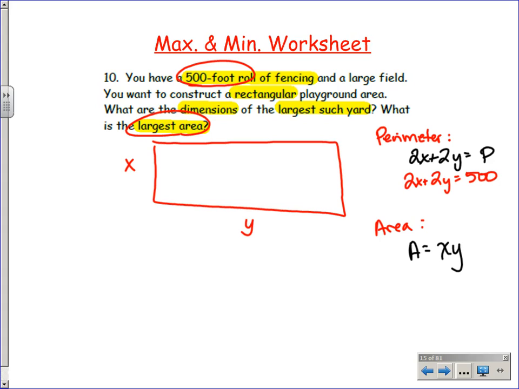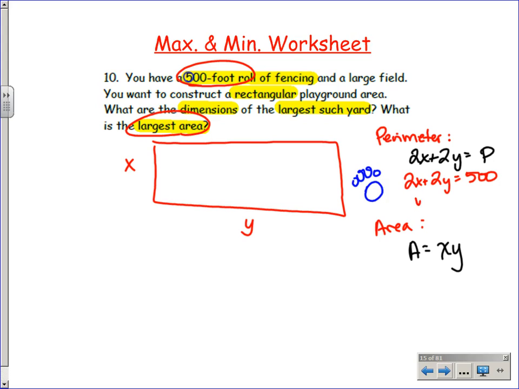We've seen something like this earlier this year. We have too many variables down here. Can we use this clue? It's a little bit more complicated than the ones that went in the notebook, but can we use this clue to help us plug into this equation, to help us find the max?